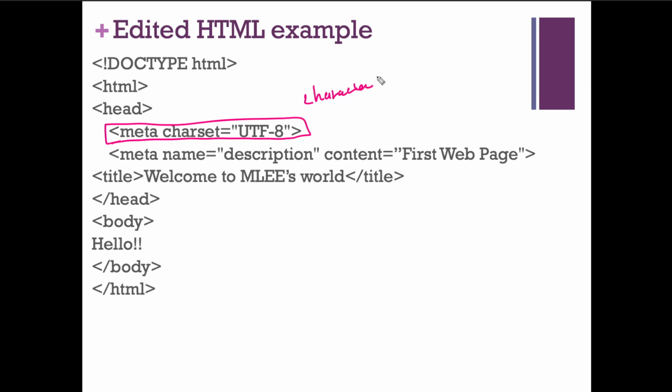Like English, Korean, Japanese, Chinese. Whatever character you use, it's encoded by the UTF-8 encoder. You don't have to really remember this. It has nothing to do with the display. It just defines the characteristics of this HTML.